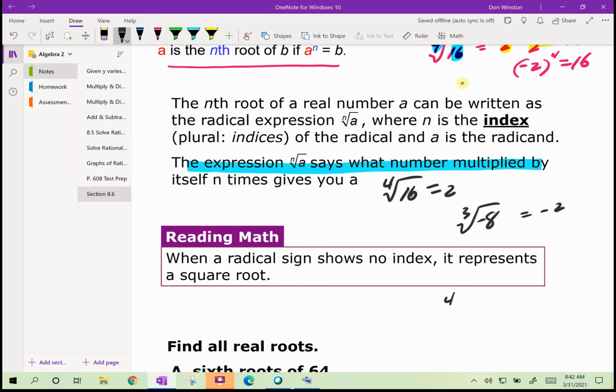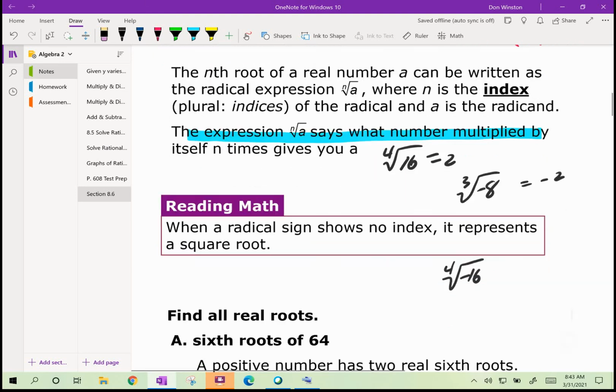So for example, if I said the fourth root of negative 16, what number multiplied by itself 4 times gives you negative 16? There is no number. If you take a number and multiply it by itself 4 times, you will get a positive. So you can never take the even root of a negative number, but you can take the odd root of a negative number.